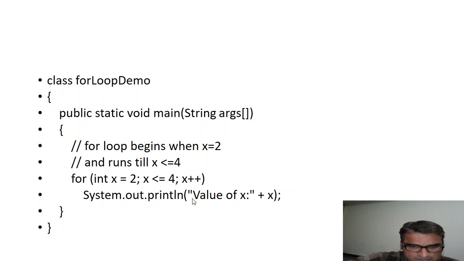Next, System.out.println prints the value of x. First 2 is printed, then from 2, x++ makes it 3. When it becomes 4, 4 is printed. 4 is less than or equal to 4: it is not less, but equal, so 4 equal to 4 is correct. Under that condition, 4 is also printed on the output screen. When we increment 4, it becomes 5. Here the condition fails. Is 5 less than or equal to 4? No. When the condition fails, we won't get 5 on the monitor.